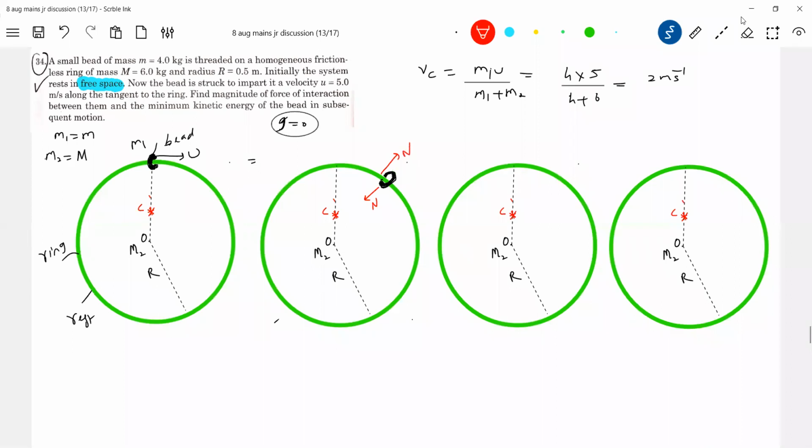So look at the component of N. Look at the component of N. So then what should be the resultant? So how should it move now? So finally, somewhere after some time, the bead will come and let it be.